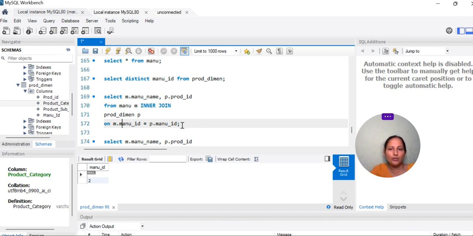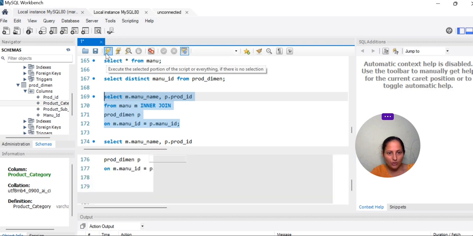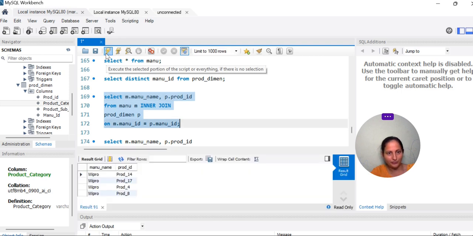So all of us know the syntax of inner join. If we are joining two tables, from inner join, the left hand side will be one table and the right hand side will be the other table. After that, we describe with the ON keyword the link field we want to join. So we are joining here on manufacturer ID.